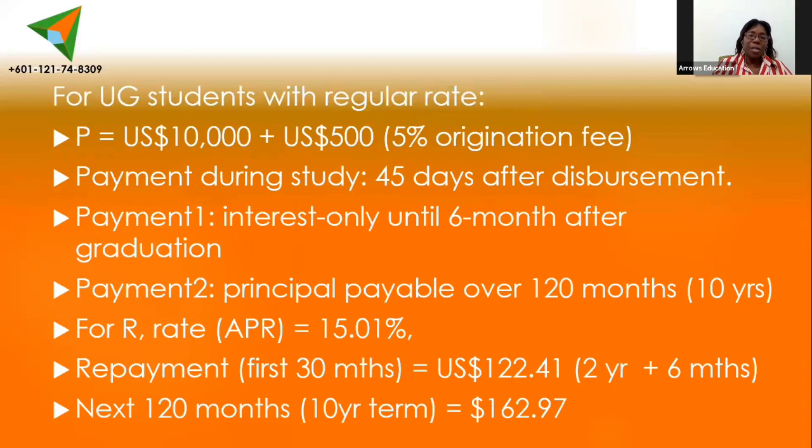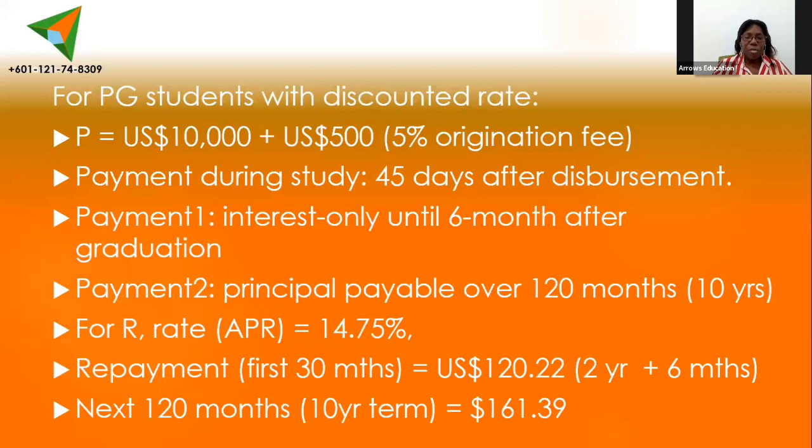If you are an undergraduate student, the same applies. You pay $122.41 for 30 months during the study and the moratorium period, and after graduation you start to pay $162.97. And if you are on the discounted rate, it will be $161.39 after graduation and $120.22 during your study.